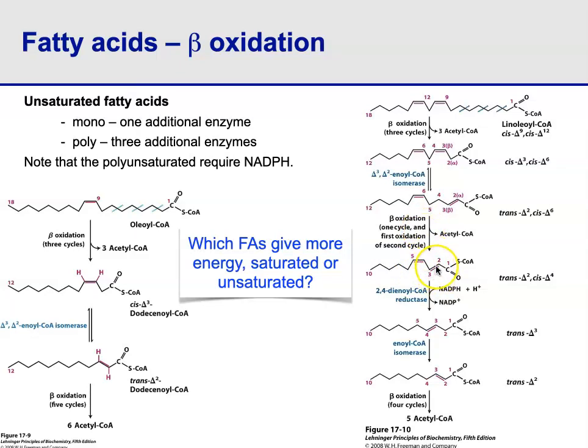Now, a trans delta 2 is okay. The double bond is in the right orientation and everything can go well, but this compound does not fit in the active site because of this other double bond in close proximity. So the enzyme cannot continue with breaking of this bond.